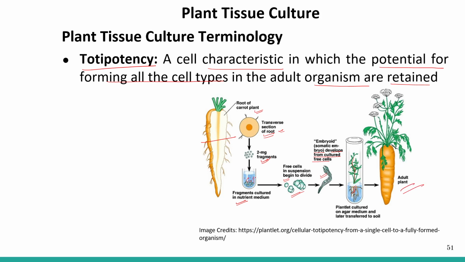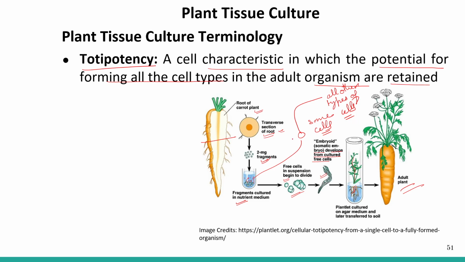So there are some cells that can produce all other types of cells in the plant body.